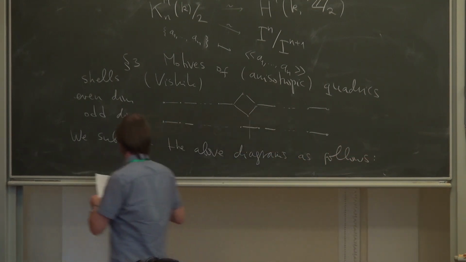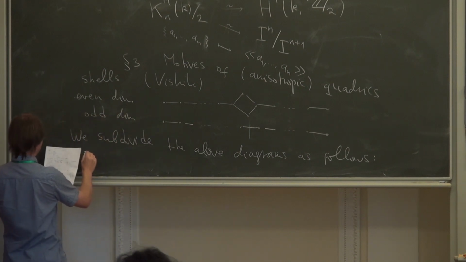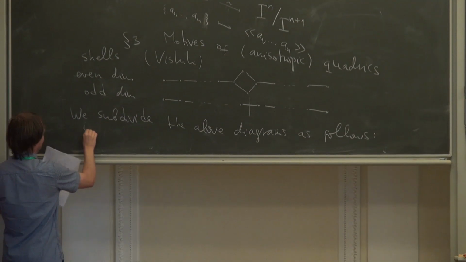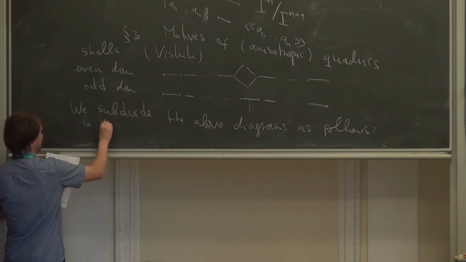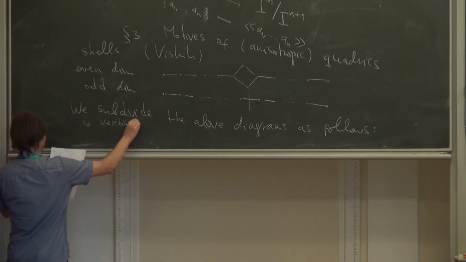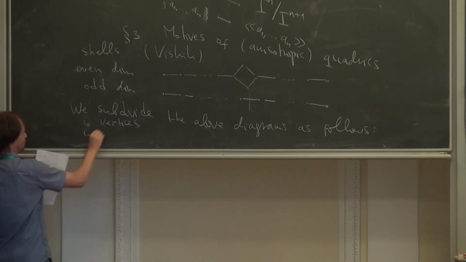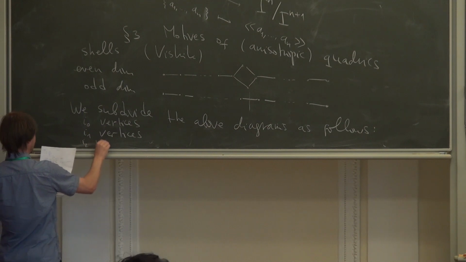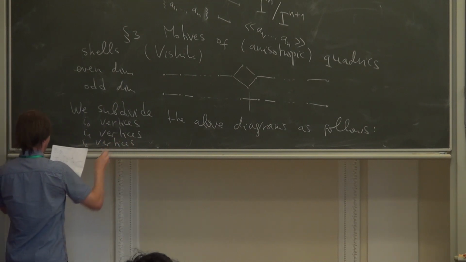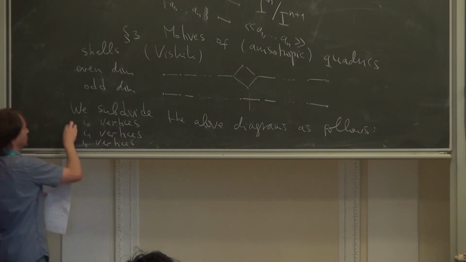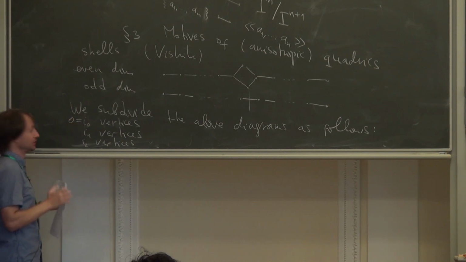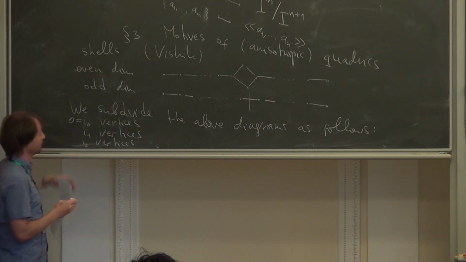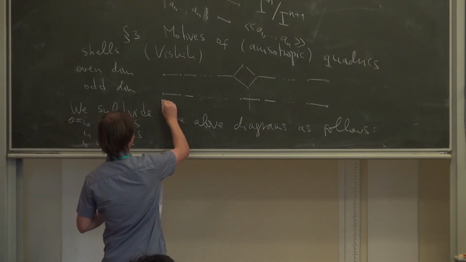We draw i1 vertices, then i2 vertices. We just count. i0 is 0, since we assumed the quadratic form is anisotropic. So let us count i1 vertices from the left.